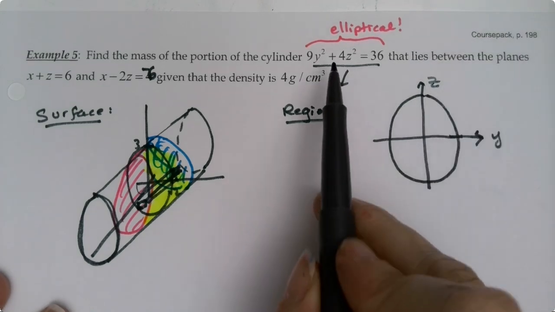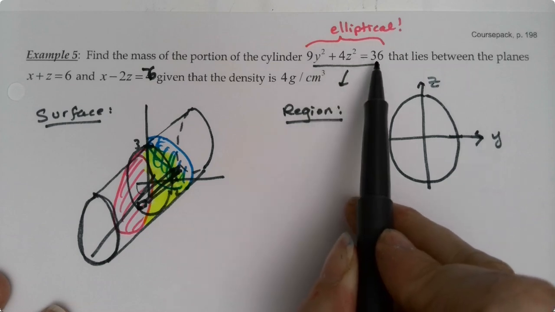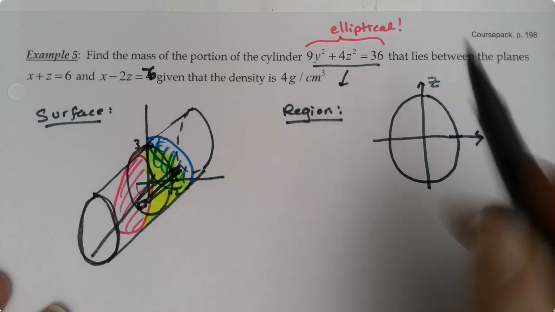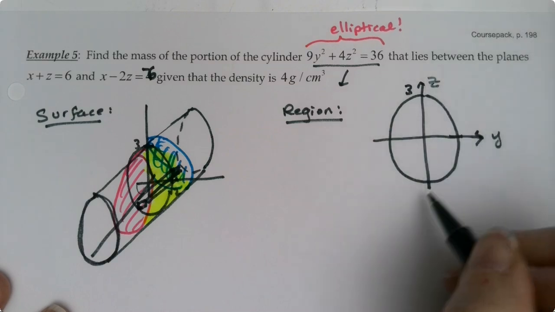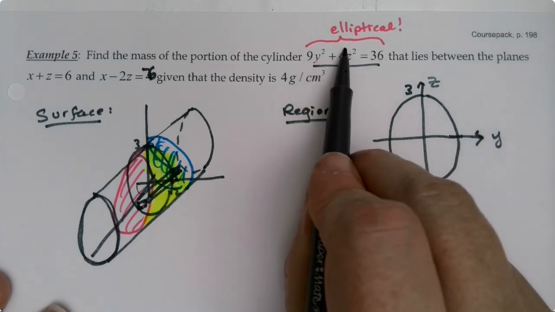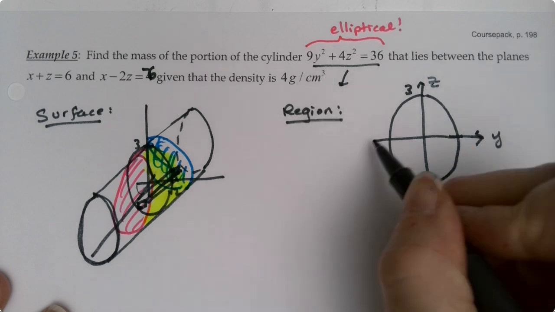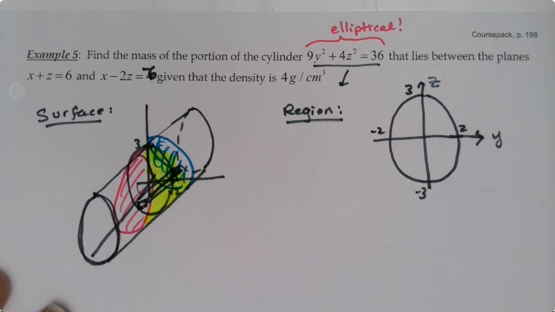All right, so if you let y be 0, then 4z squared would be equal to 36, which means z squared is 9, so z is 3. So this is at 3 and -3 here for z. And y, if you let the z be 0, 9y squared would be 36, so y squared would be 4, so that's -2 and 2.